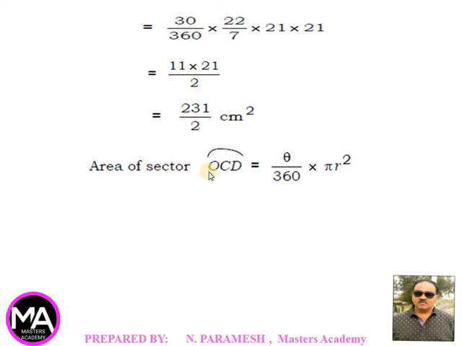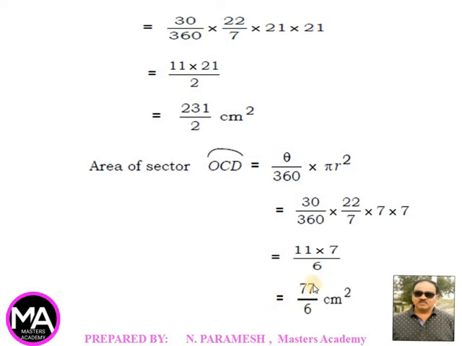Area of the sector COD is equal to theta divided by 360 degrees into pi r square, is equal to 30 divided by 360 into pi 22 by 7, radius is 7 square. After simplification, it is equal to 11 into 7 divided by 6, which is 77 by 6 centimeter square.